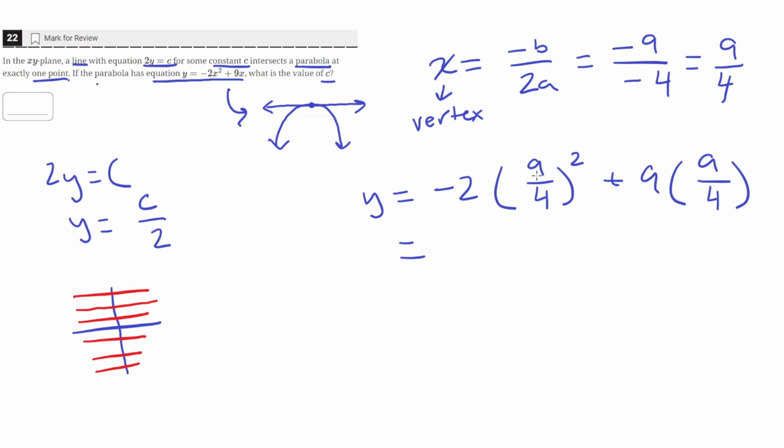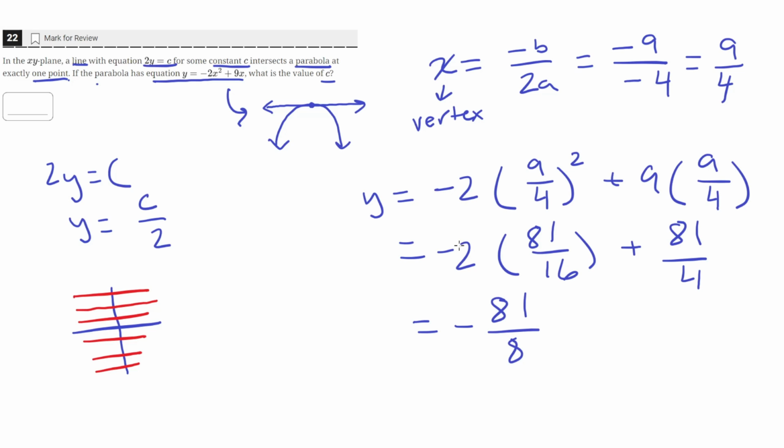So negative 2 times 9 over 4 whole squared, so negative 2 times 81 over 16, plus 81 over 4. 2 over 16 is just 1 over 8, and that multiplied with 81 is negative 81 over 8, plus 81 over 4.